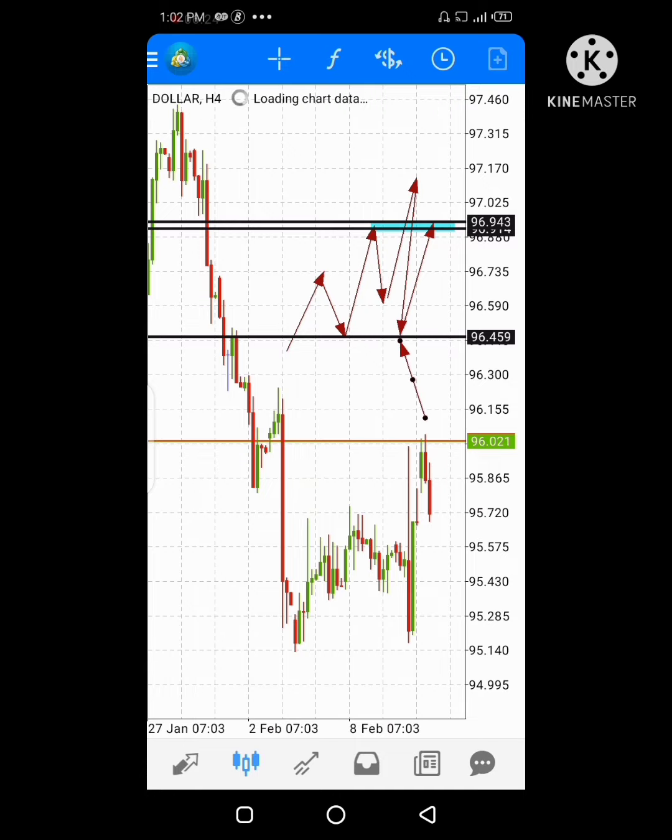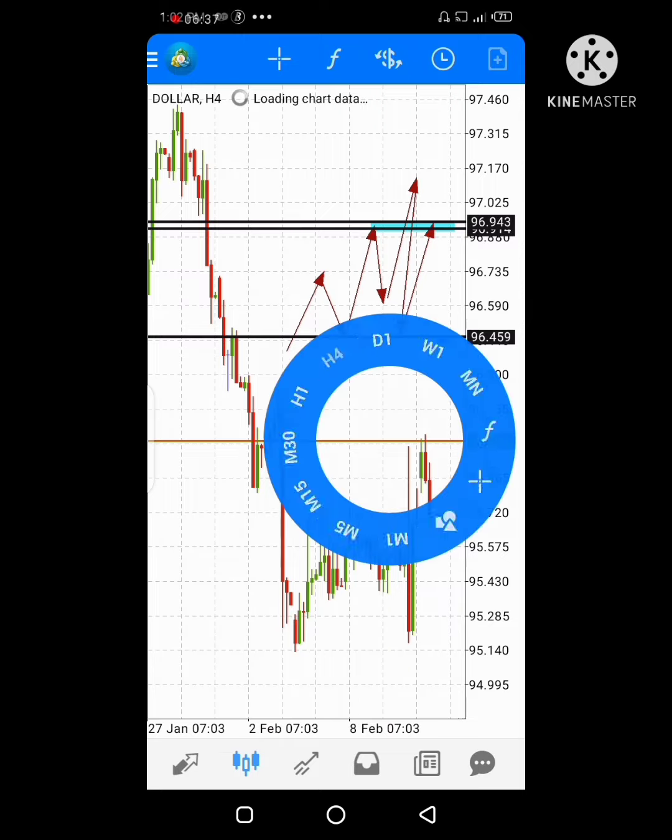That's where we're going to set our take profit, because obviously there will be a demand zone there, which may likely put the price up.